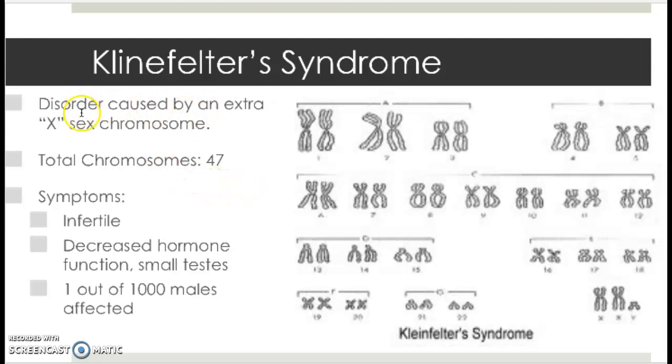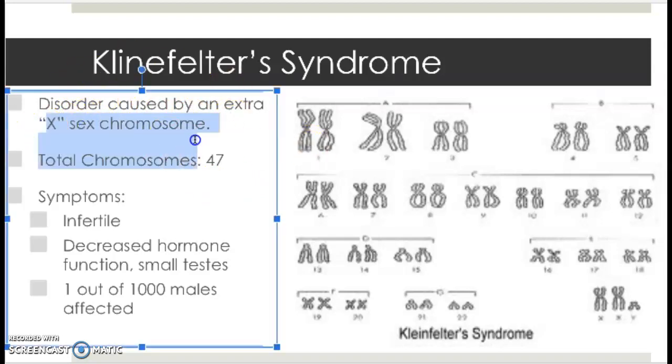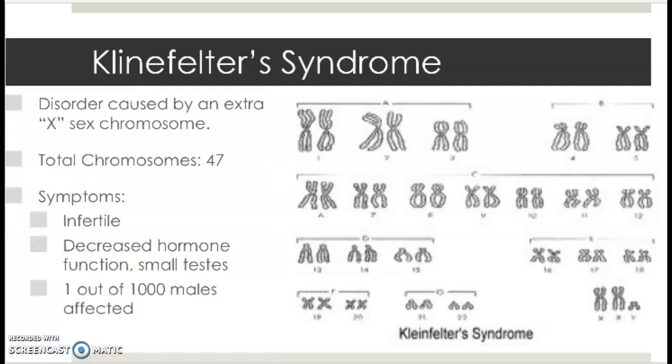So it says here, Klinefelter syndrome is caused by an extra X chromosome. It's not just an X chromosome, but a sex chromosome. The symptoms include infertility, meaning that the individual cannot help make a baby. There's a decrease in hormones, smaller testes, and it affects 1 of 1,000 males. So 1 out of 1,000 males would have Klinefelter syndrome.